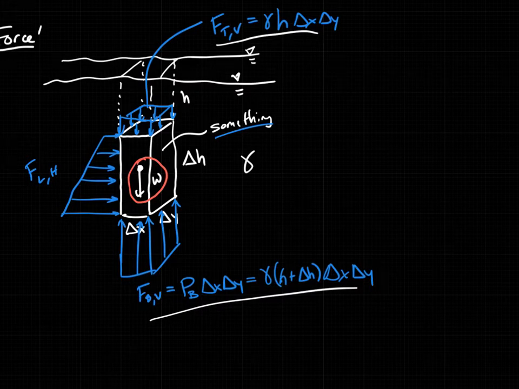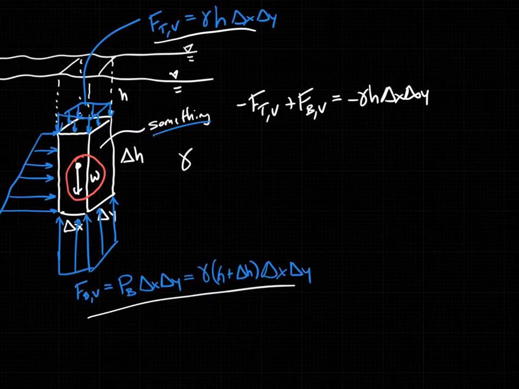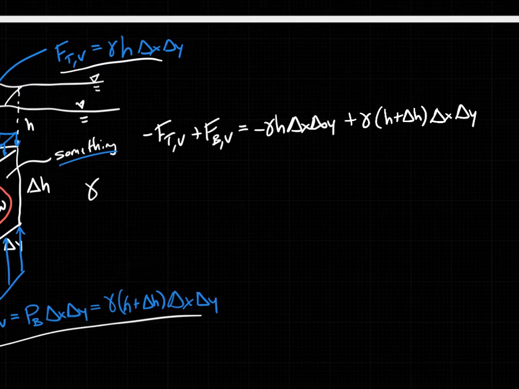So what I've got is F top in the vertical, that's a negative force, plus F bottom in the vertical. Those are my vertical forces, and they equal negative gamma h delta x delta y plus gamma times h plus delta h times delta x delta y.